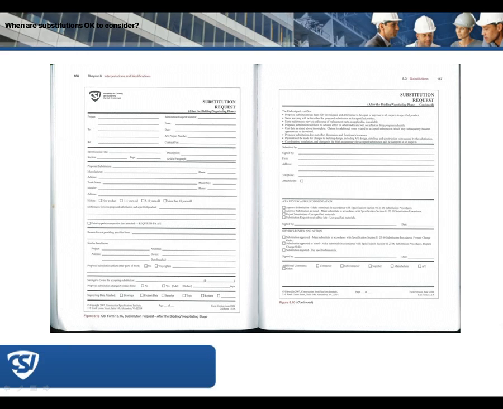The CSI form is the next slide that's up on the screen now, and again, it's in the practice guide. Real briefly, the first information is project information, specification sections, and drawing descriptions we're referring to. The next section is a description or identification of what the proposed substitution is. The section after that is the reason for requesting the substitution.